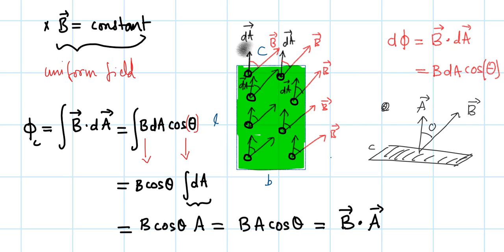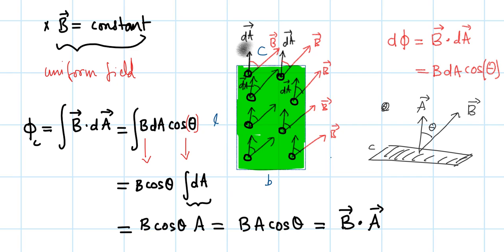Since every magnetic field at every point was B, and the common thing between all the pairs of vectors B and dA was that the angle between them was theta, that angle can be used to represent the mismatch between the direction of A and B. So for such uniform regular cases, performing integration is not necessary.